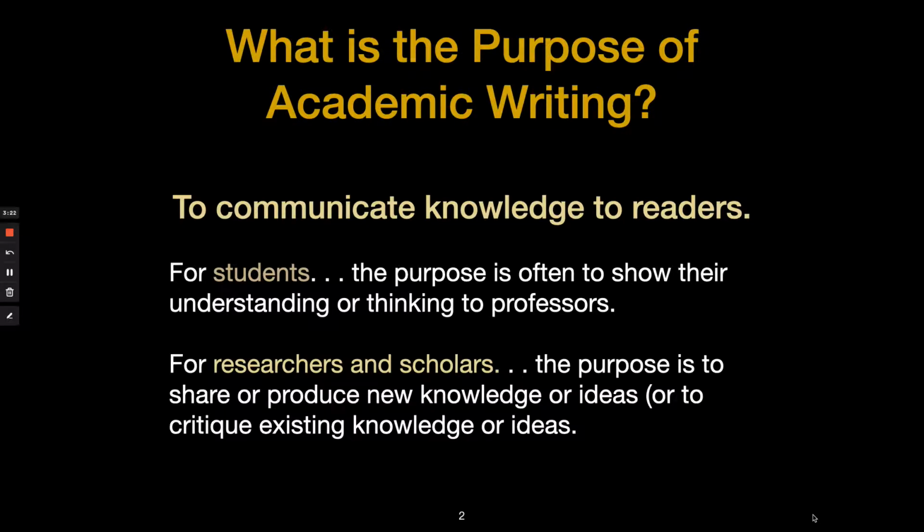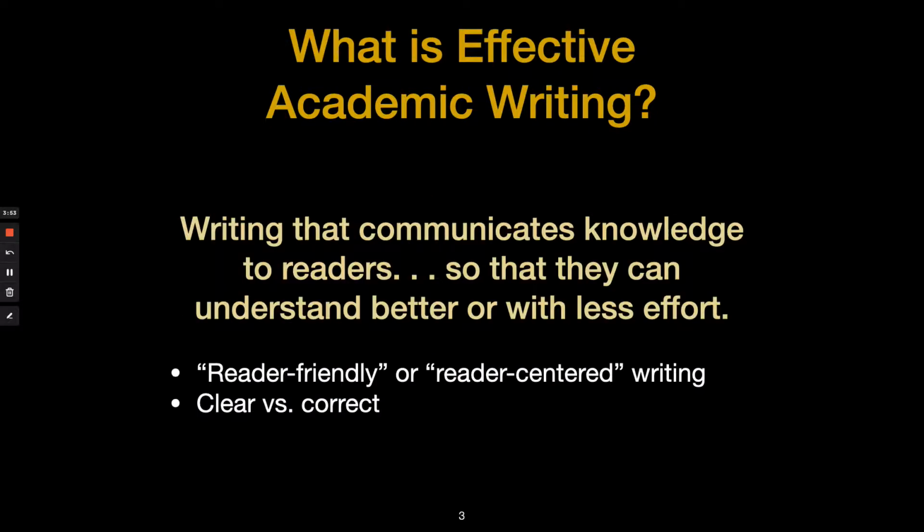For researchers and scholars, when they write, their purpose is often to share or produce new knowledge or ideas, and they often write for either other researchers or professors or scholars, as well as for students. So they might need to explain things. Sometimes professors write for the general public or they write for technical uses, but we're going to focus in this class on these core areas of communicating knowledge within an academic community.